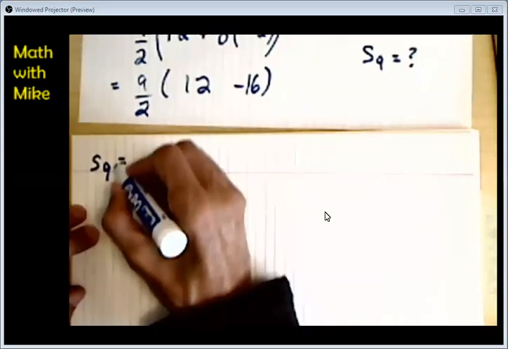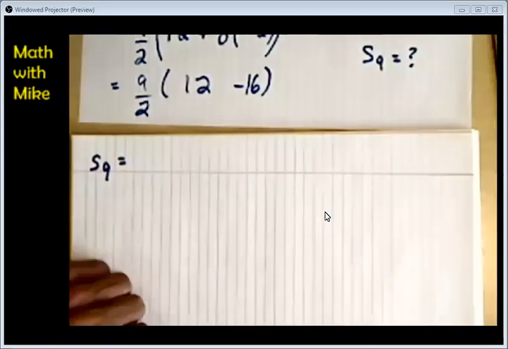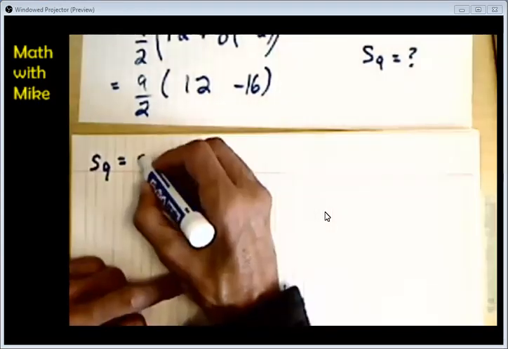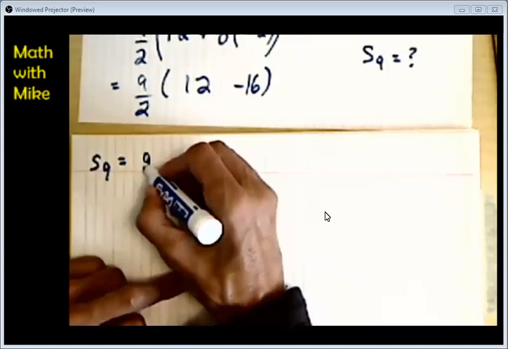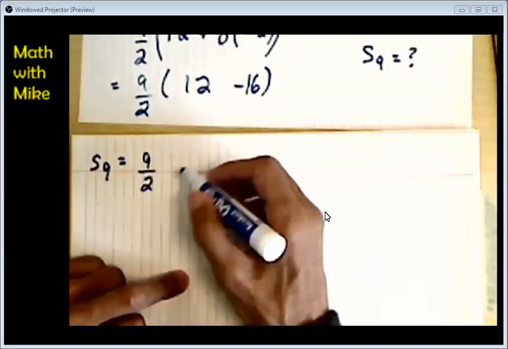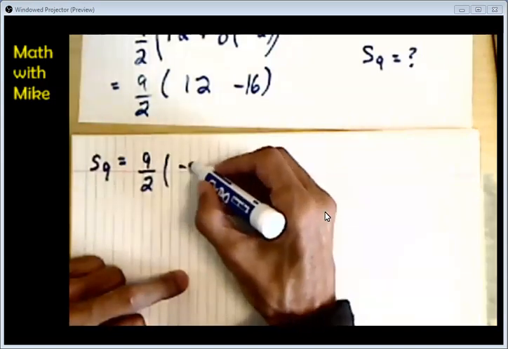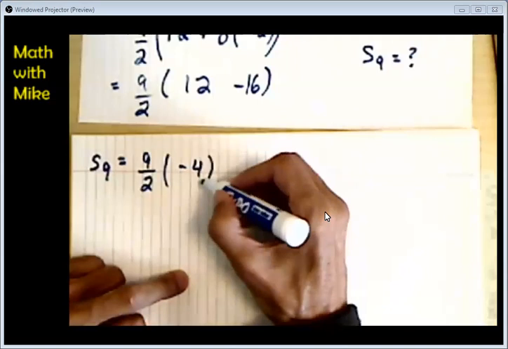That's a 9. Okay, good people, what do we got? 9 over 2, minus 4. Good. What next?